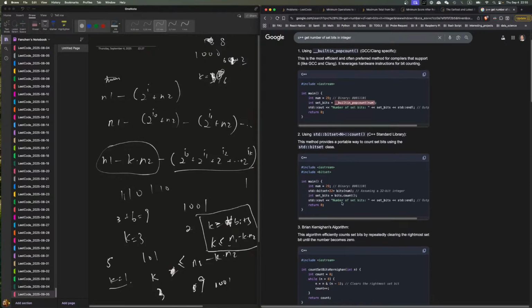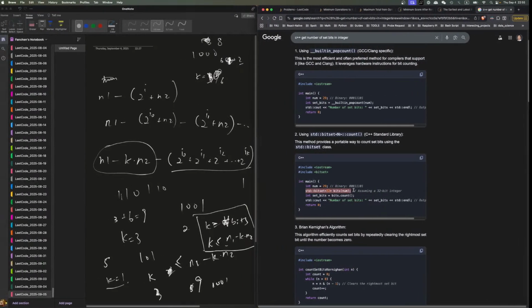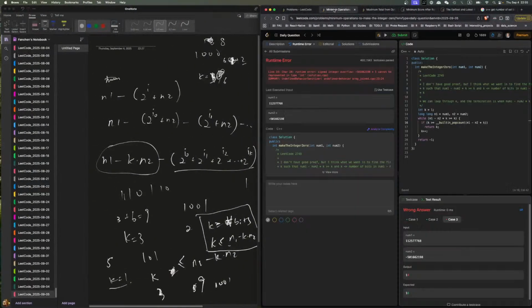Maybe we should use bitset. Bitset bits. Okay, let's use this bitset. Well, we go 64, buddy.